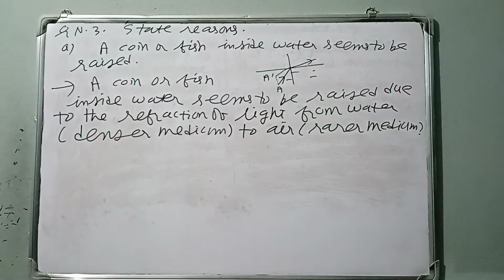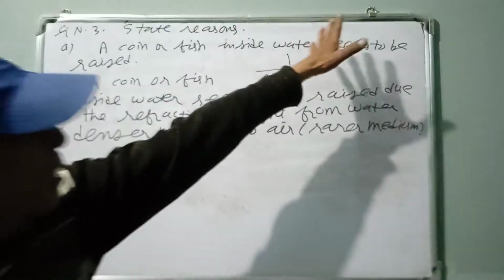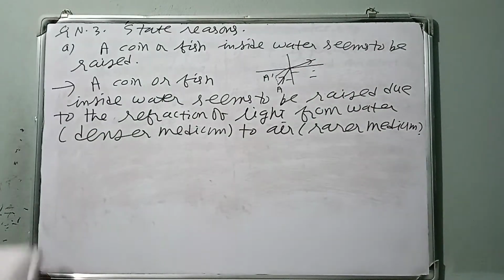It means when light passes from denser to a rarer medium, it is bent away from the normal.